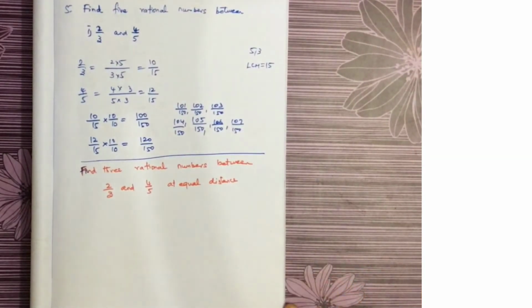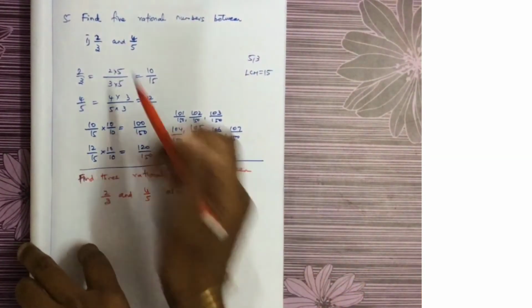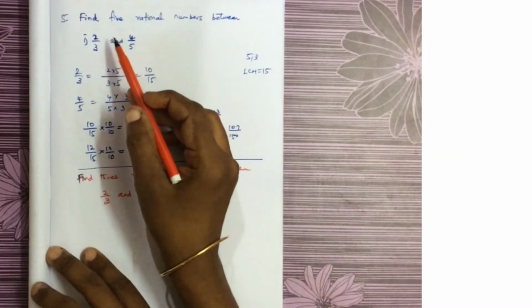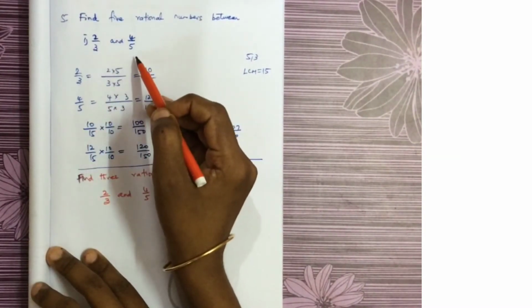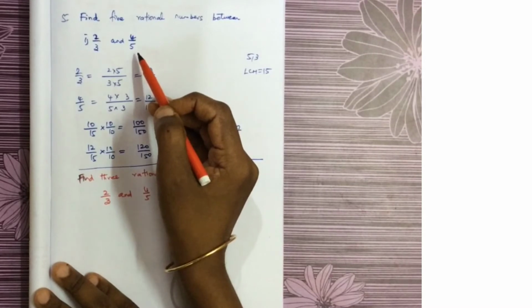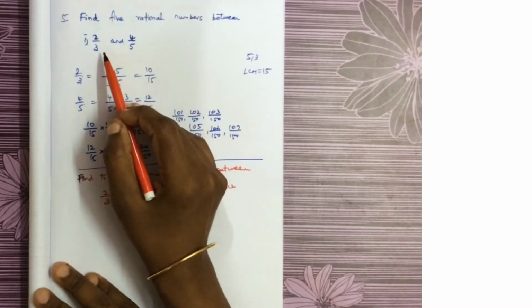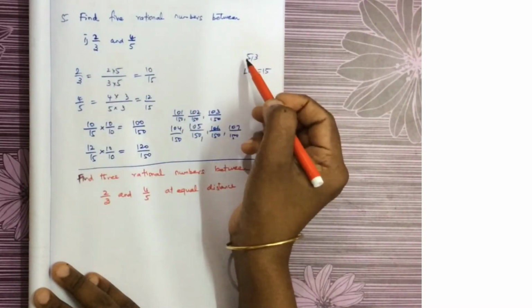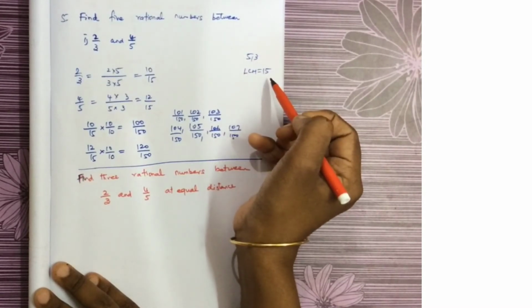The next is: find 5 rational numbers between 2/3 and 4/5. Here the denominators are different, so we have to take the LCM of 5 and 3. The LCM is 15.